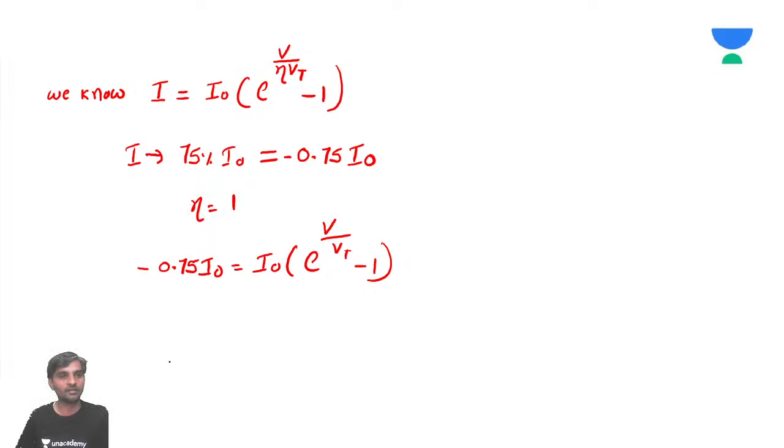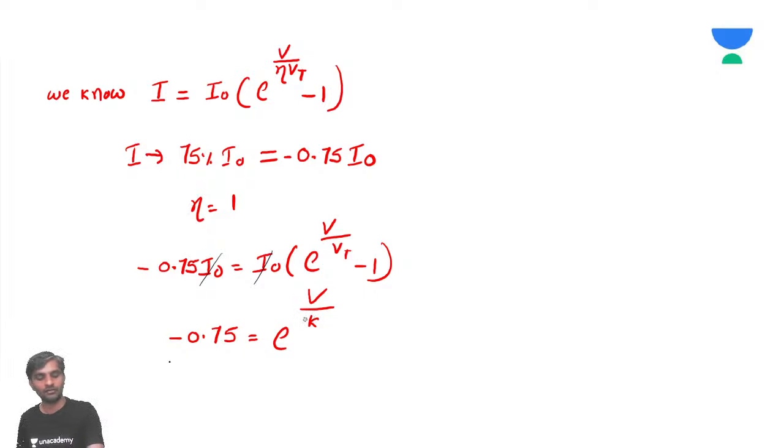This I naught and I naught will get cancelled. So what will be remaining? Minus 0.75 is equal to e power V by Vt minus 1, where Vt is kT by q, or T by 11,600.